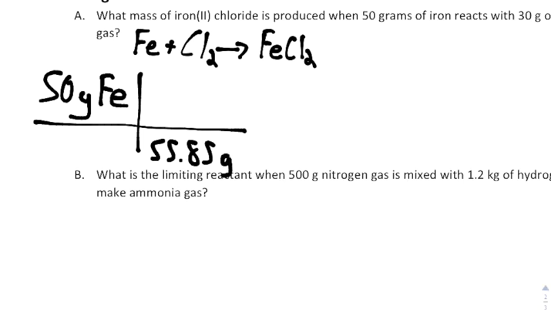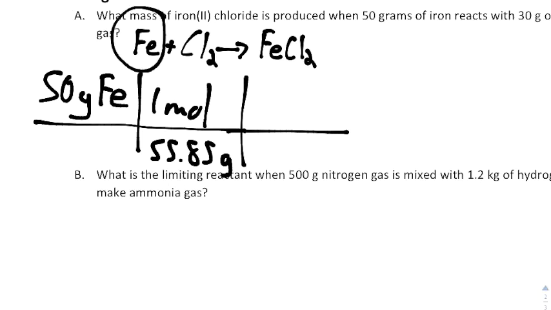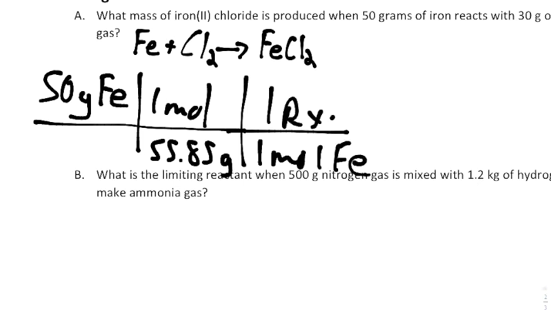And so it's 1 mole. Then within one reaction, you have 1 mole. So what's the coefficient in front of iron? 1. So 1 mole of iron in 1 reaction. And so when we do this, we can produce 0.9 reactions from that iron.